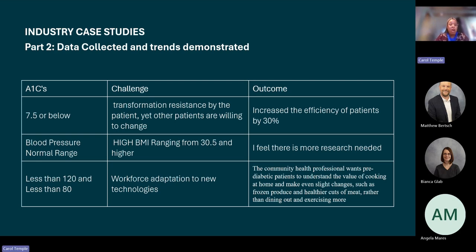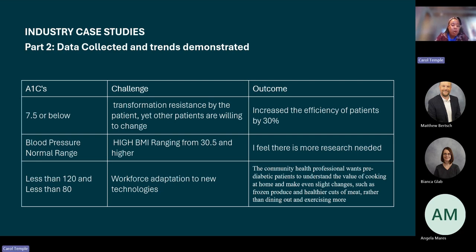So it's just finding that happy plan. For instance, some patients drink regular soda. We recommend that they drink diet soda. Other patients are willing to make a change, and other patients want to make slight changes here and there.